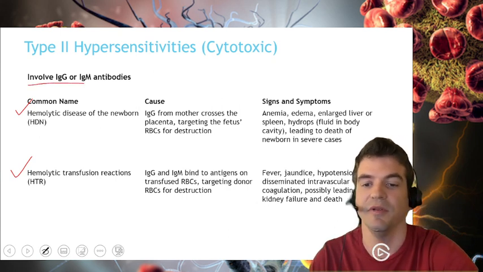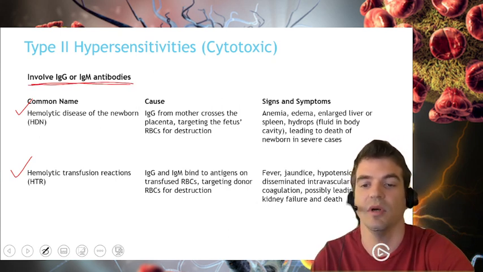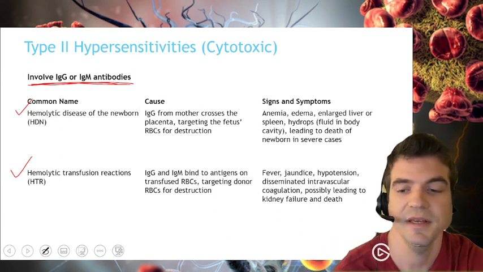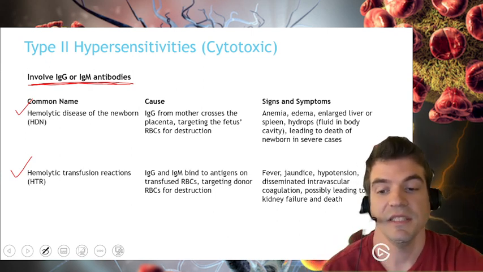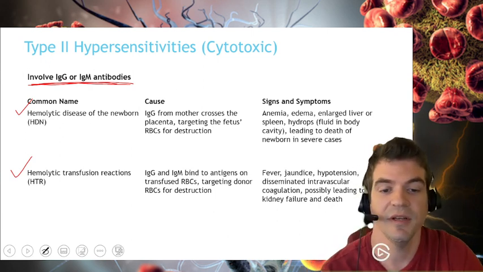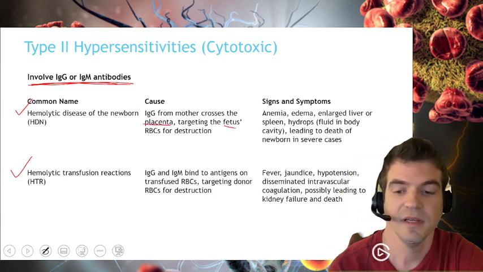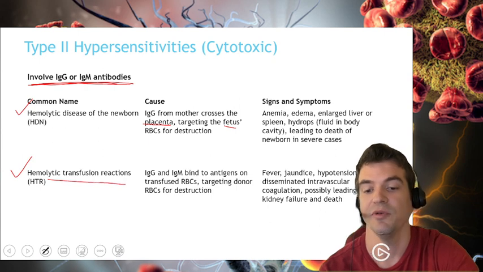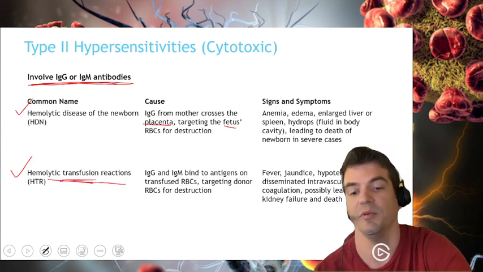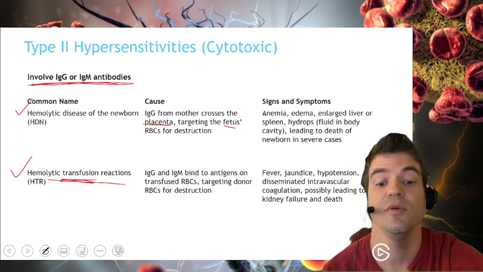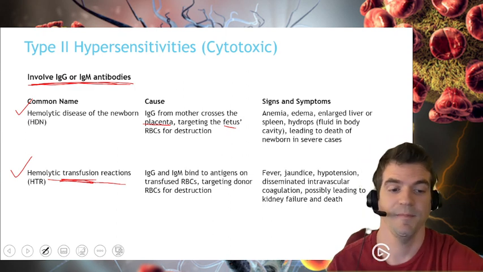These are going to involve either IgM or IgG antibodies. If you're going to get a disease of the newborn, we assume it's crossing the placenta, or it's about the fetus. And if we're going to get a transfusion reaction, it's going to be when we get a transfusion of blood.